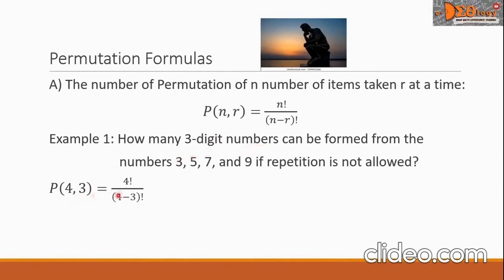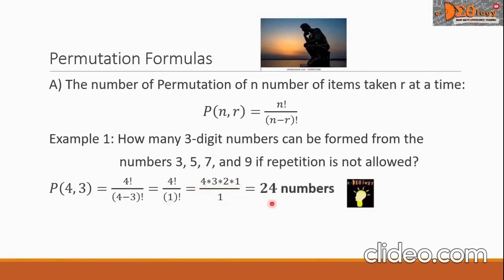This is equal to 4 factorial over 4 minus 3 factorial. Simplifying, we have 1 factorial. The 4 factorial becomes 4 times 3 times 2 times 1 all over 1 factorial, which is also 1. Our final answer here is 24, which is the same as our previous example.